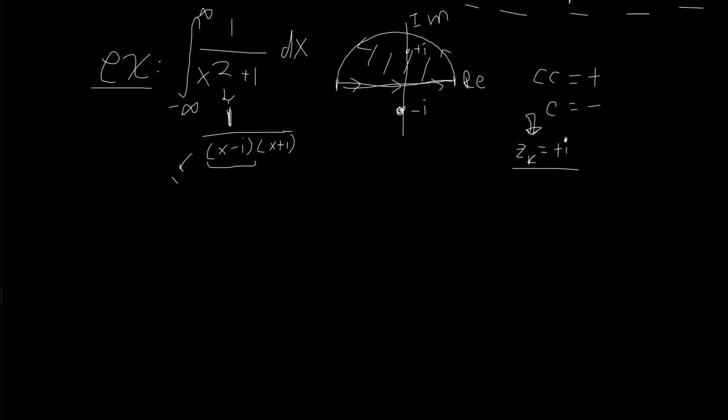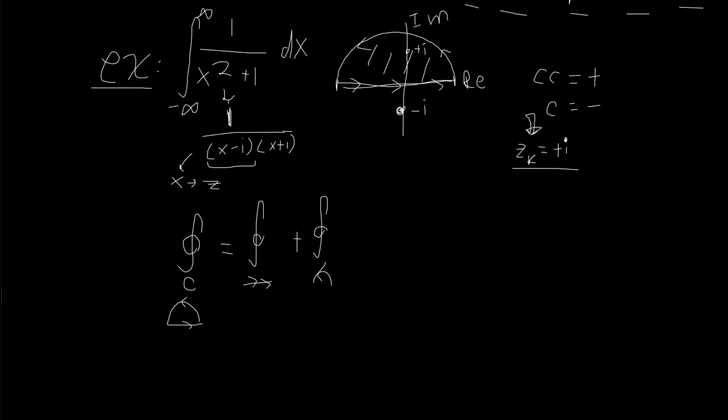So, let's just say x to z, because that's the convention. And then the contour integral over this entire hemisphere is equal to the integral of that real axis plus the integral of the top arc.